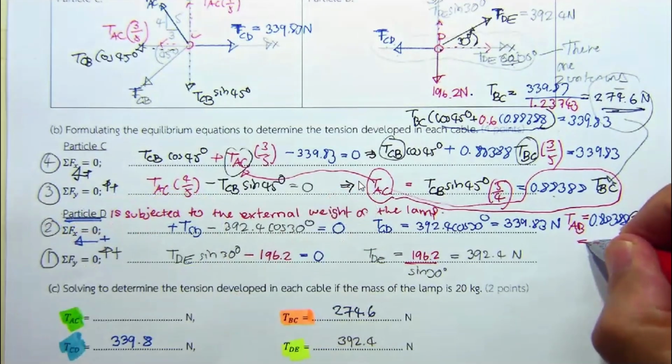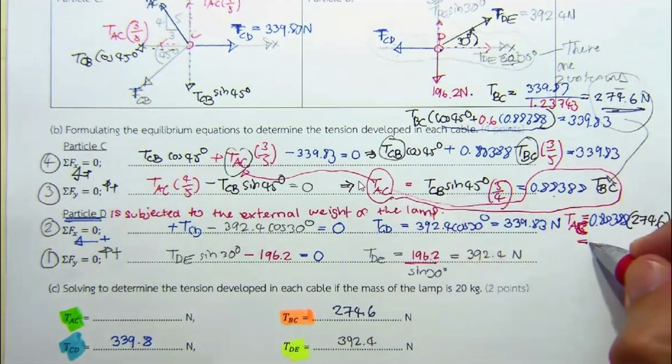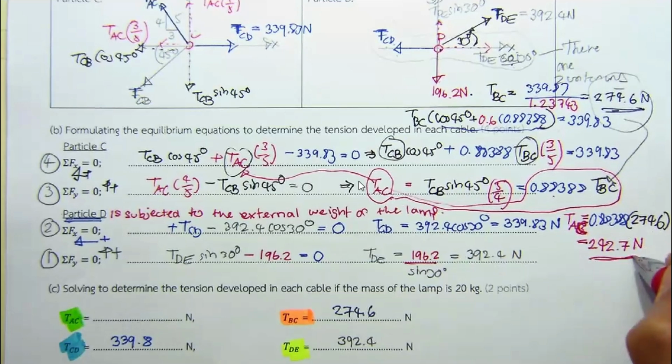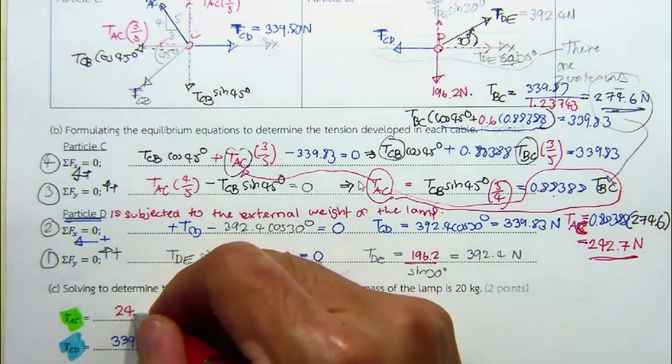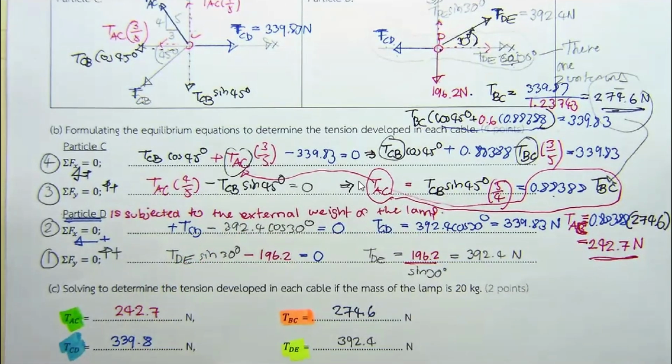Your T sub AC is going to be equal to 242.7 Newton. Did you get the same number as I get? That's not tough, see?